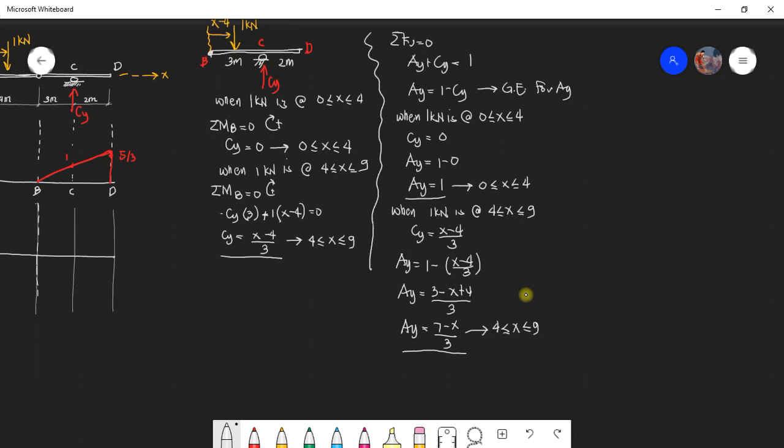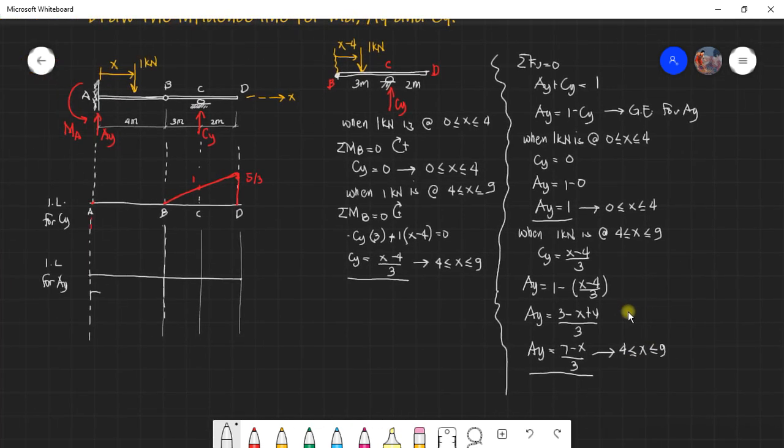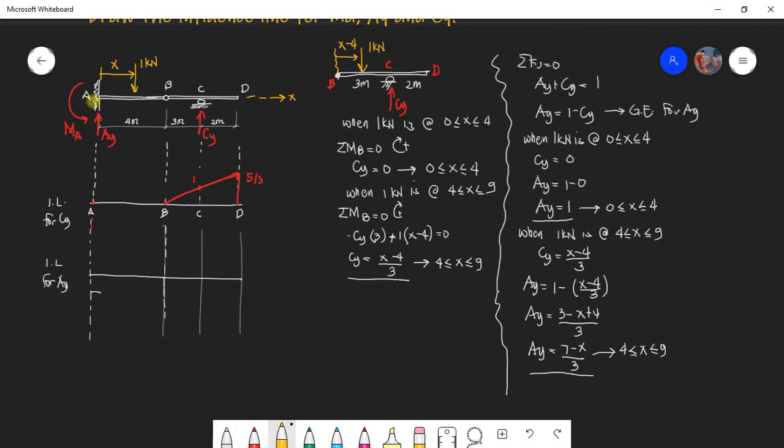Okay. So you can now draw your shear or influence diagram for Ay. Just use this equation. So regardless, when the unit load is at A, which is at 0, the value of Ay is 0. Okay? Dito yan. 0. Next.